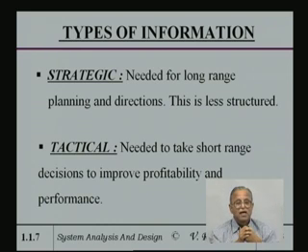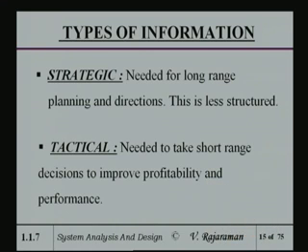Tactical information is needed for short range decisions to improve the profitability and performance. We saw an example of the use of a vendor quality index to decide which vendor you have to give your items to. And in the case of railways, these kinds of tactical decisions might arise when you find overcrowding, or certain classes in the train not occupied whereas certain other classes are overcrowded.